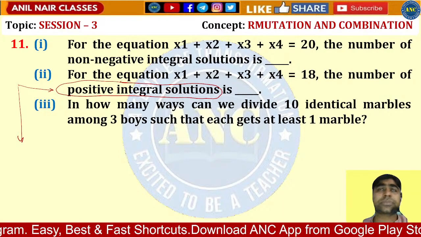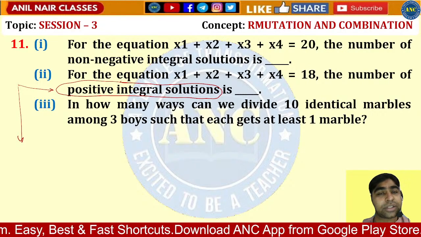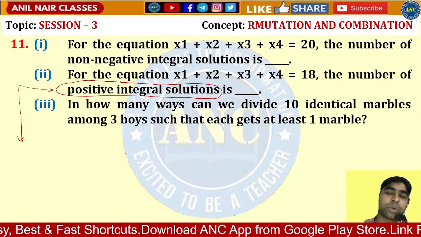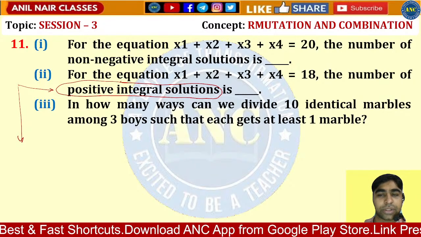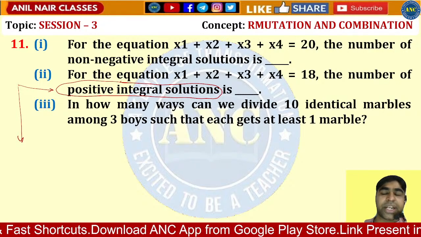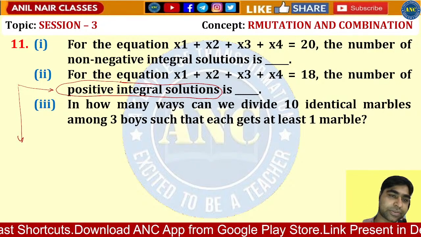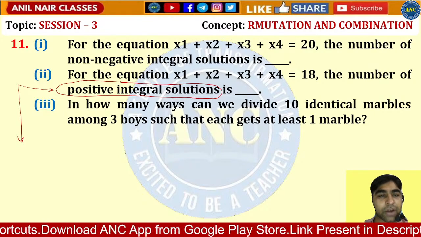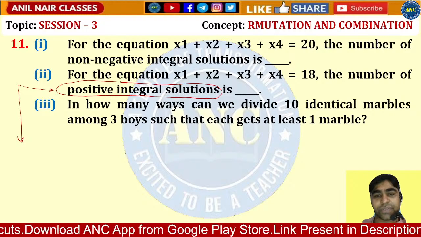Minimum 1 is supposed to be given to everyone. So what I will say is, whatever is the minimum criteria, give it to all of them. Okay, after fulfilling that, what is left with us?